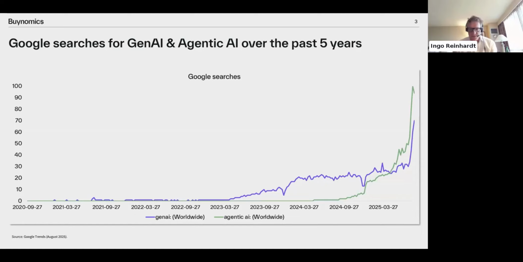And I think there are different things you can see here. So that both topics really didn't exist 2 years ago, right? They quickly rose and are now predominant. And there are some other things. When you look at the GenAI curve, you always see these bumps at Christmas. So it's mostly a topic that's of professional interest, I would say.